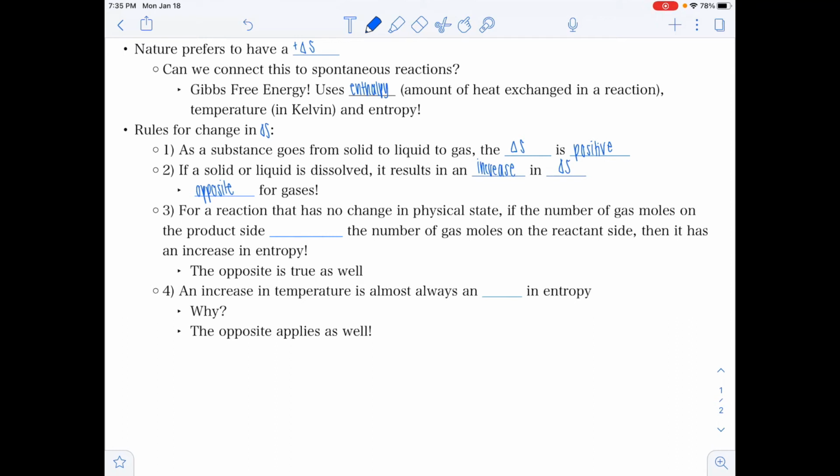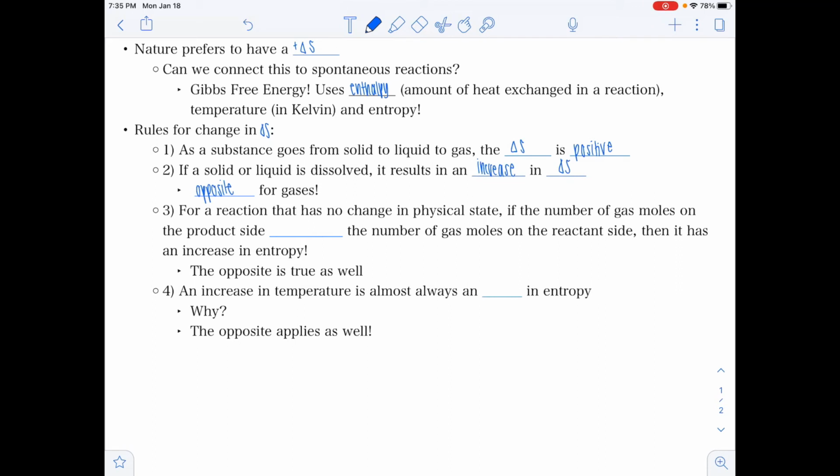So our third rule is now talking about a reaction that has no changes in physical state. So unlike the first rule where they're going from solid to liquid to gas, there's no changes in physical state. So how do we know whether or not the entropy is decreasing or increasing? Well, we can figure that out through the number of gas moles, right?